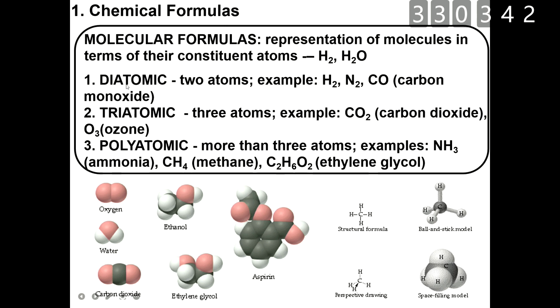It's called a diatomic compound. Like this, right? Okay, and also it may have three atoms, so it's called triatomic compounds. And more than three, we call them polyatomic compounds.